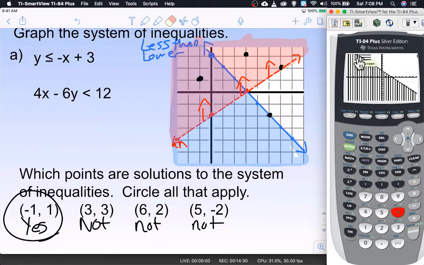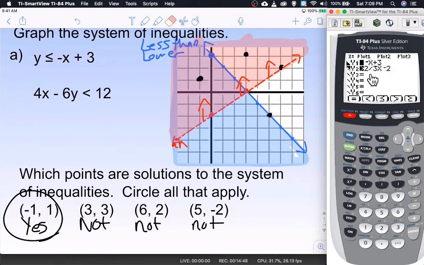But also, it's still drawing a negative line. And that's weird because I had my slope as being positive. So I'm not exactly sure what the calculator's doing. Oh, it's giving me an option for shades and stuff. I'm not sure why it thinks that this has a negative slope when clearly it doesn't.